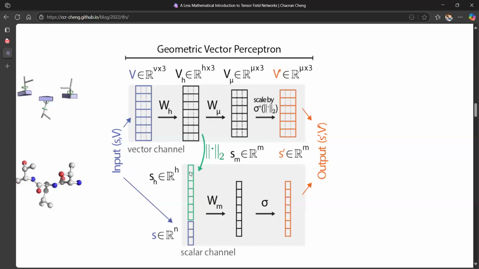So for example, you have a self-driving car, it has its own velocity, and then the other cars have their velocity. So you can find the dot product between the two velocities. That's a scalar, so that you can pass in the input.